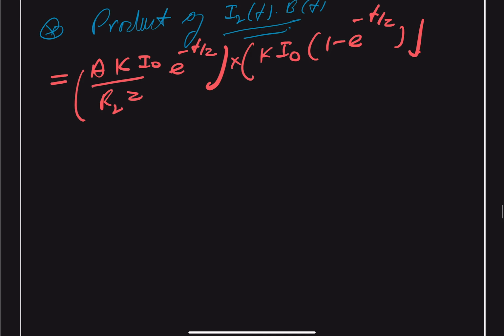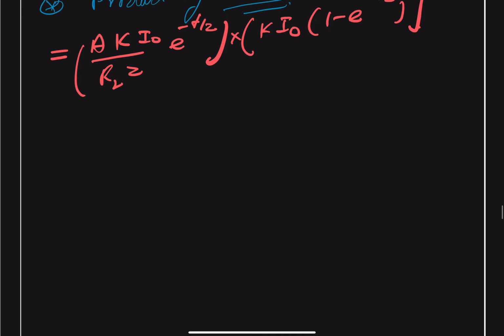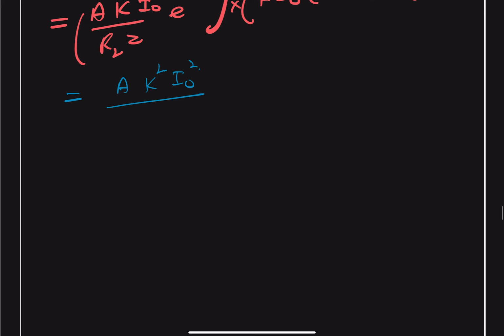And we can make a minor adjustment here. This product comes as A K squared I naught squared divided by R2 tau, times e raised to minus t upon tau times 1 minus e raised to minus t upon tau.